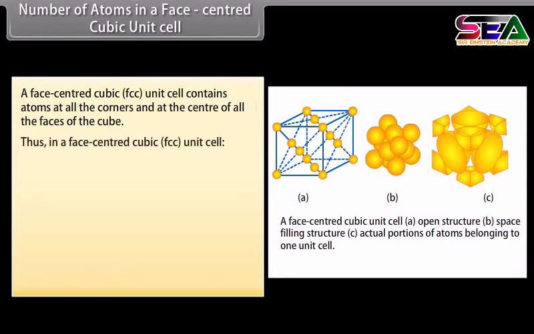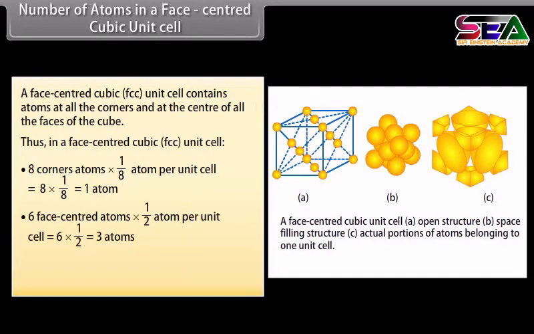Thus, in an FCC unit cell, 8 corner atoms × 1/8 atom per unit cell equals 1 atom. 6 face-centered atoms × 1/2 atom per unit cell, which equals 3 atoms. Therefore, total number of atoms per unit cell is equal to 4 atoms.